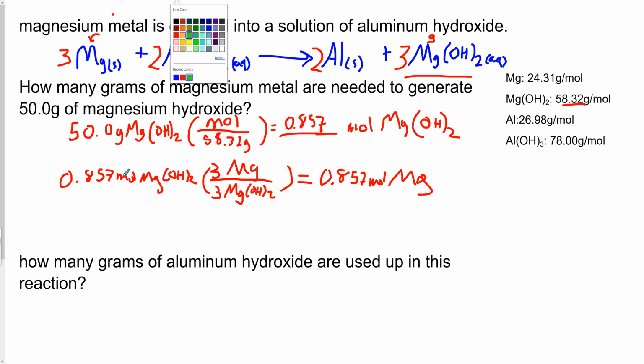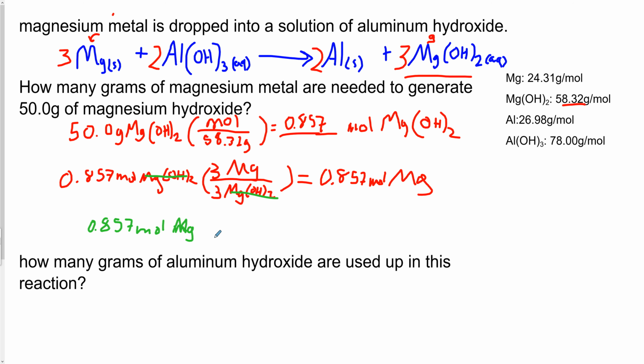Now we just have to turn moles of Mg into grams. So I will say 0.857 moles of Mg, capital M, and then we multiply by the molar mass, so 24.31 grams per mole.